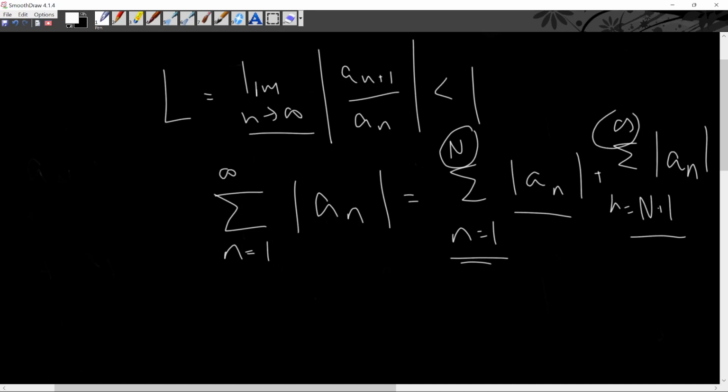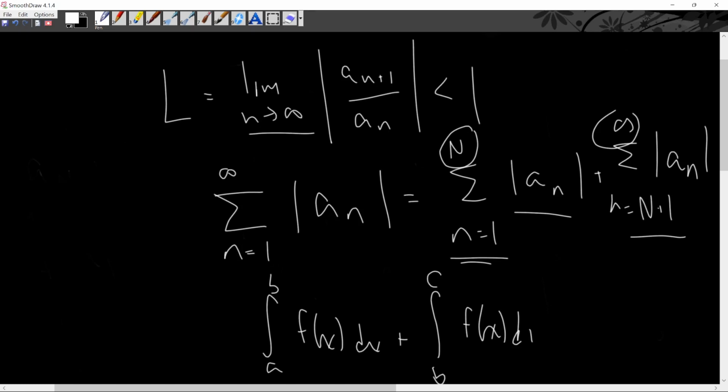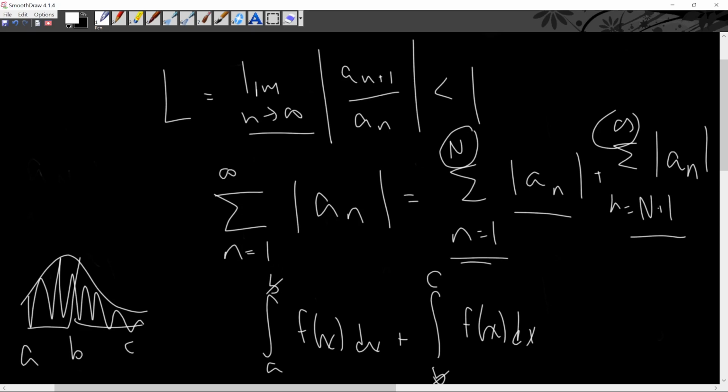This is sort of like integral bounds. You know how if you go from, say, a to b of f of x dx, and you add that to b to c of f of x dx, if both of these are the exact same, then you can just eliminate the bounds, because if you're taking the area under the curve from a to b, and then from b to c, you're also essentially just taking the area under the curve from a to c.